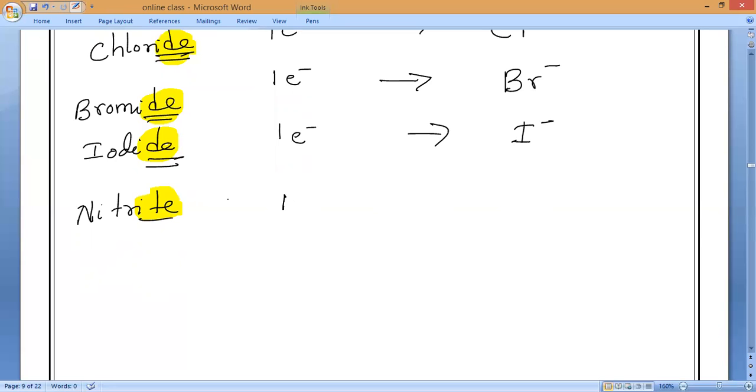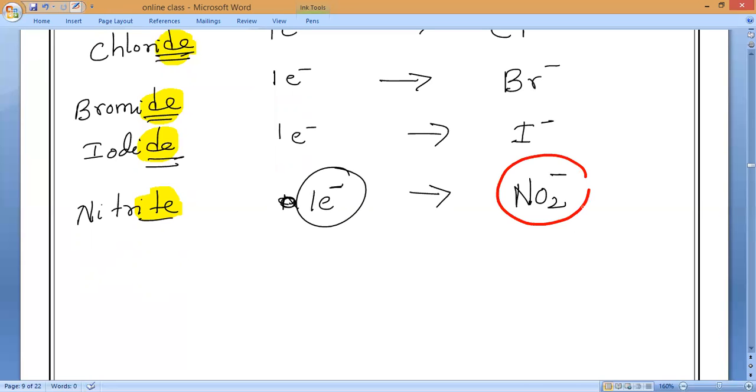So here, the symbol of this one, see here, it will also gain one electron. How many electrons will it gain? One electron, but the symbol is NO2 minus. That is what you have to remember. Sir, how does it form? I will tell you now. Basically nitrogen needs 3 electrons. Oxygen needs 2 electrons.